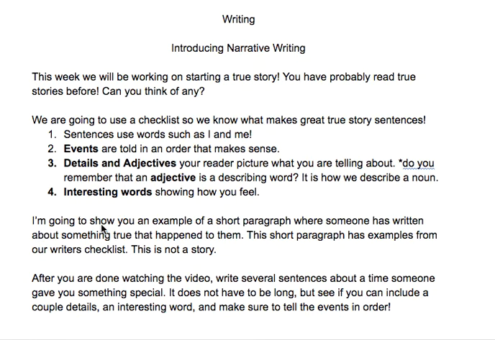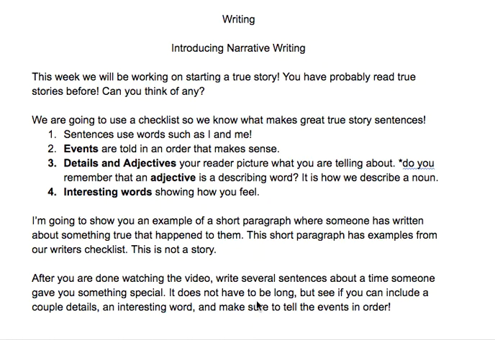So I'm going to show you an example of a short paragraph where someone has written about something true that happened to them. This short paragraph has examples from our writer's checklist. This is not a story. After you are done watching the video, write several sentences about a time someone gave you something special.